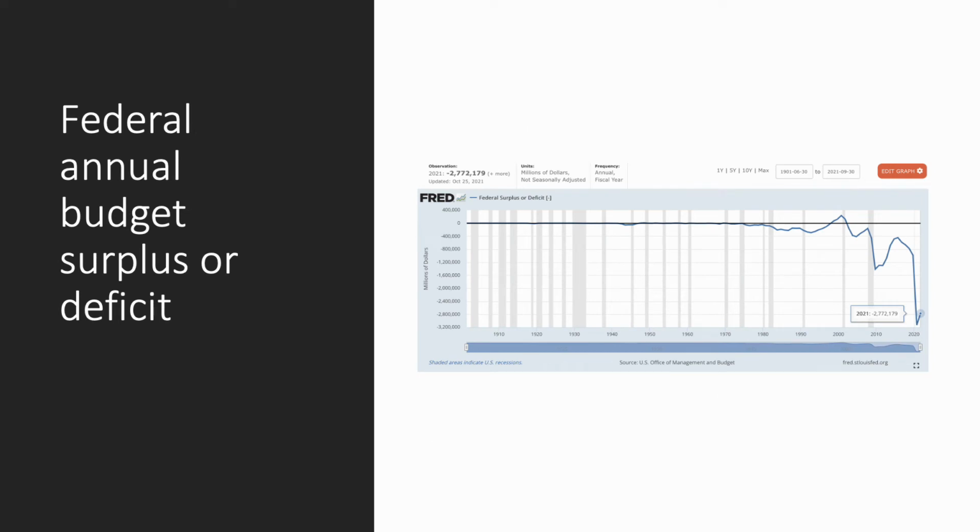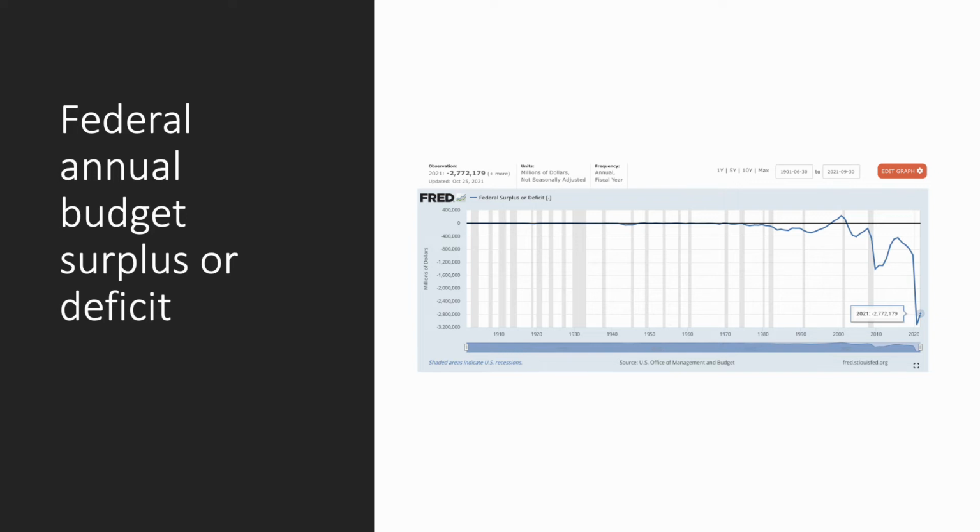This slide again. This is more information from FRED, from the Federal Reserve, and it shows you all those years going back. Typically the federal budget every year was balanced or very close to it. And you start to see it going out of whack after Reagan was elected in 1980.